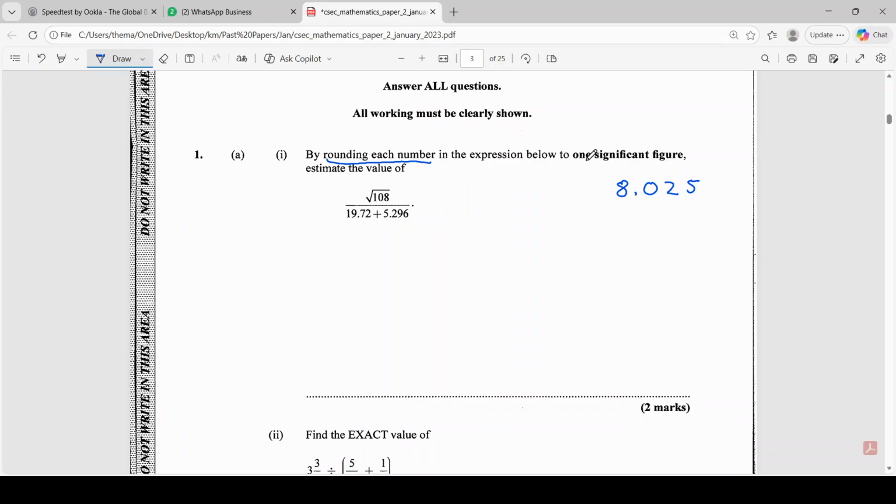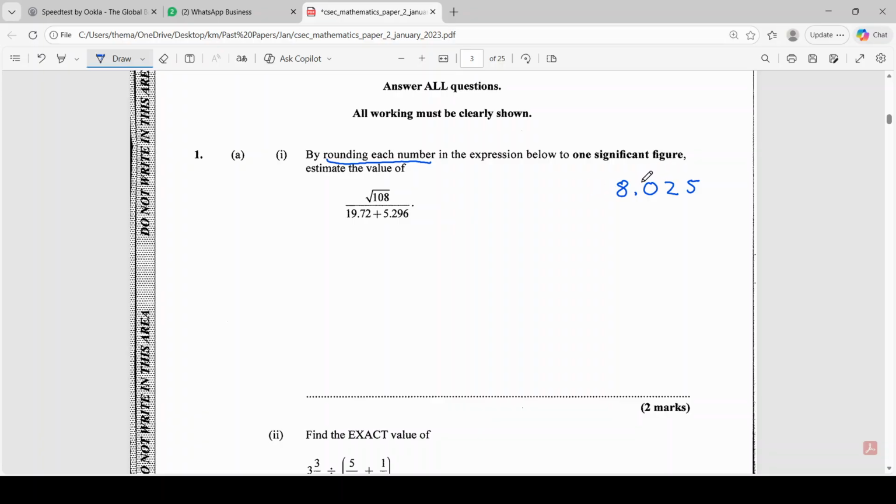If you're considering significant figures, it is your first non-zero number. So in this case, your first significant figure is going to be 8. Second significant figure will be 0, third 2, fourth 5.